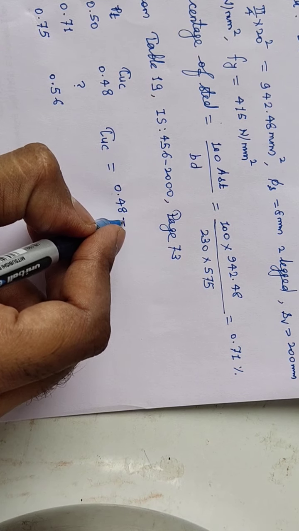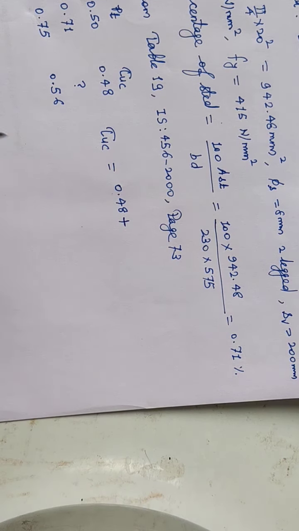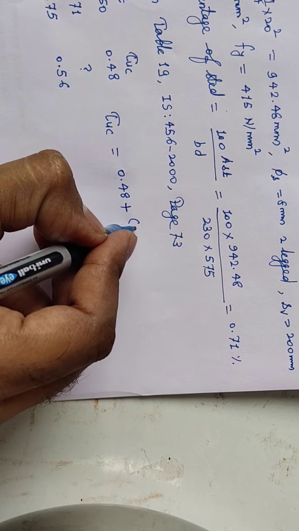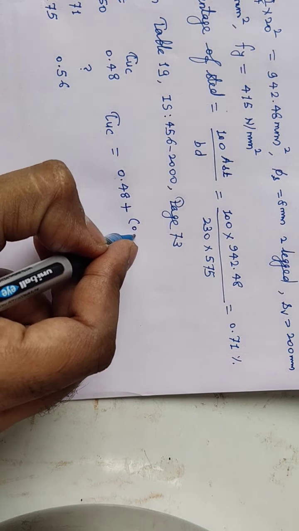So you add the next difference that we are going to calculate. 0.48 plus, now carefully see, next is 0.56 minus 0.48.